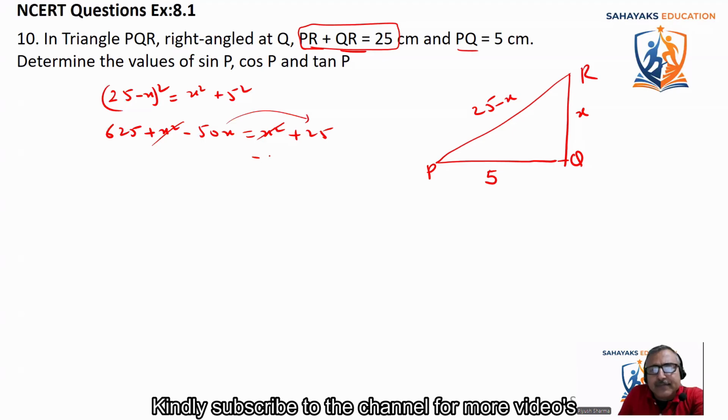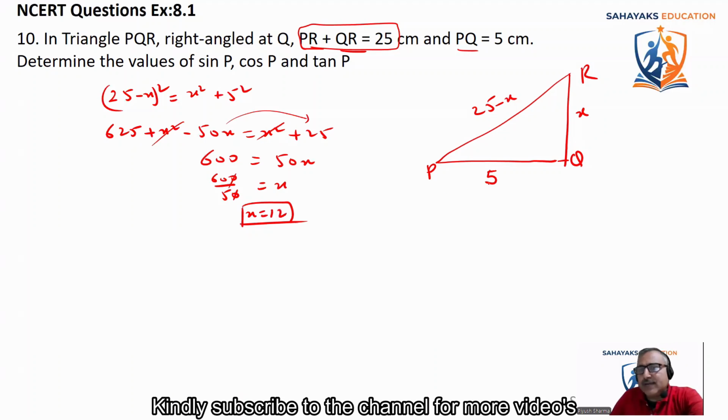So 50x is equal to 625 minus 25, which is 600. So the value of x is 600 divided by 50, the 0 will cancel out, so x is equal to 12. And PR, which is the hypotenuse, comes out to be 25 minus 12, that is 13.